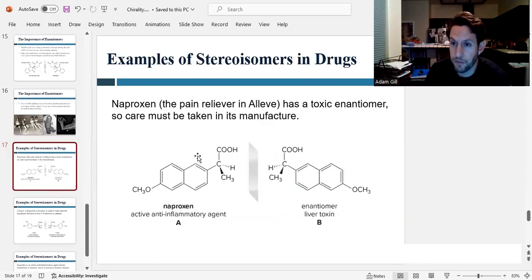Some other examples of drugs that have chiral centers are Aleve. So here's the structure of Aleve, and you can see that there's a chirality center here. The active version is a nice anti-inflammatory agent that helps when you have sore joints. The opposite is a liver toxin. So when they market Aleve, they have to be careful to separate these two versions and only give you this one.